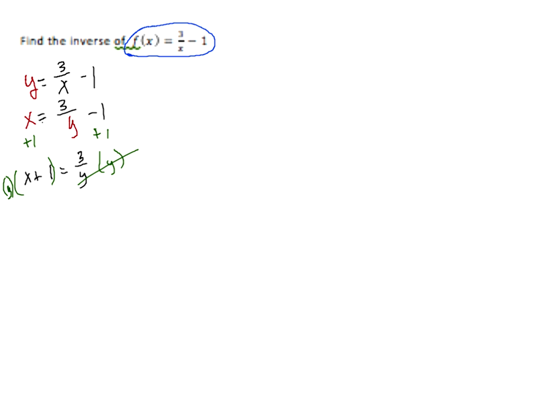Here's what I have so far. Y times, sorry, my pen is acting up again. That's the first time with this one, this session. Not too bad. Y times x plus 1 equals 3. Now I need to get that x plus 1 off of there.